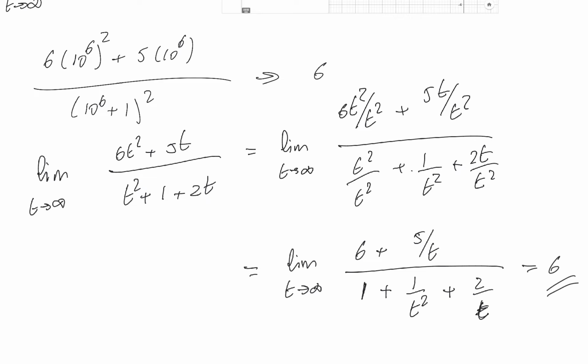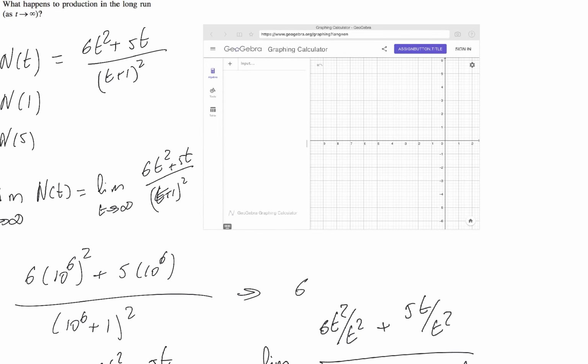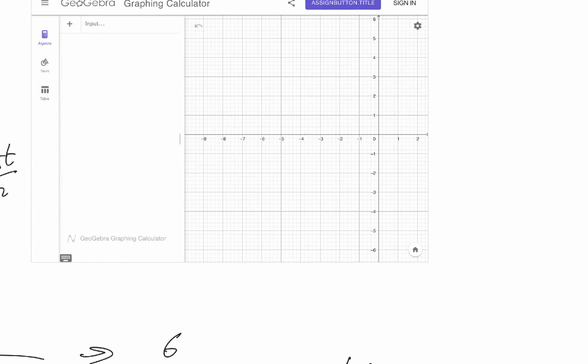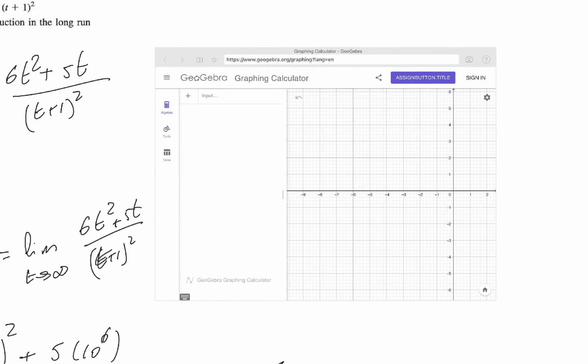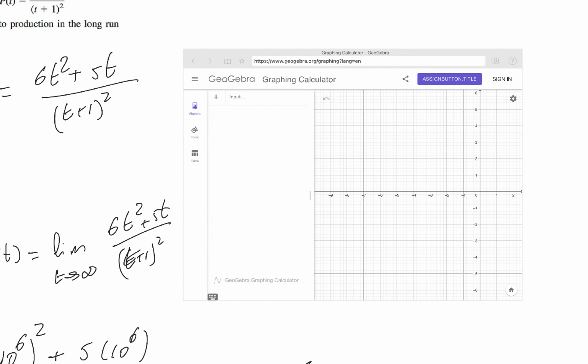The other thing that you can do is go to GeoGebra and plug in this function. In GeoGebra, you can plug in the function input. Let me see if I can do it here.